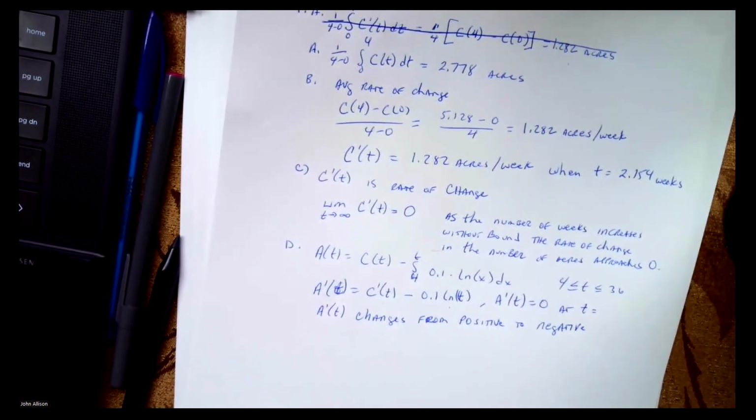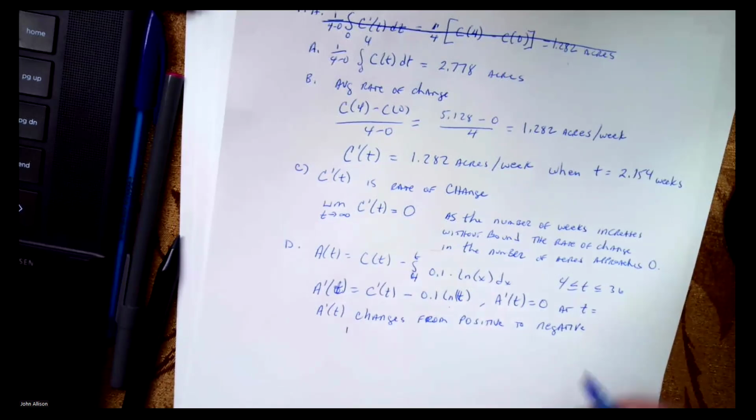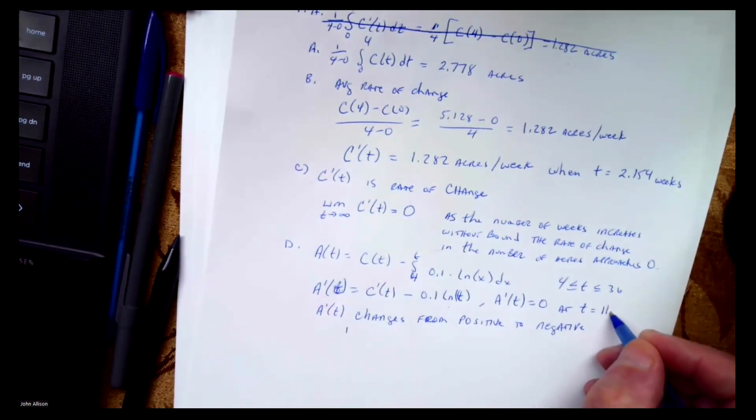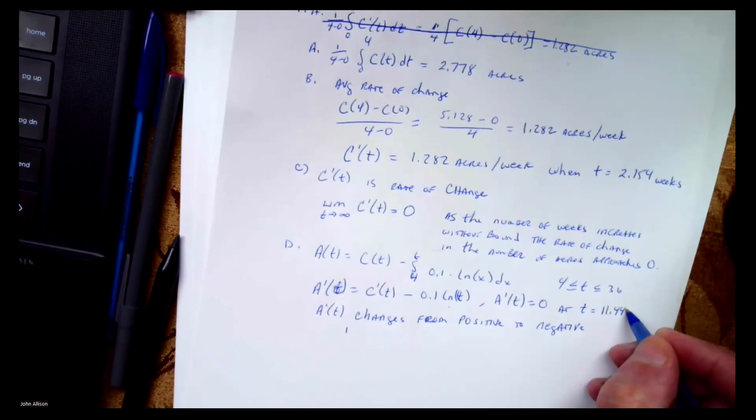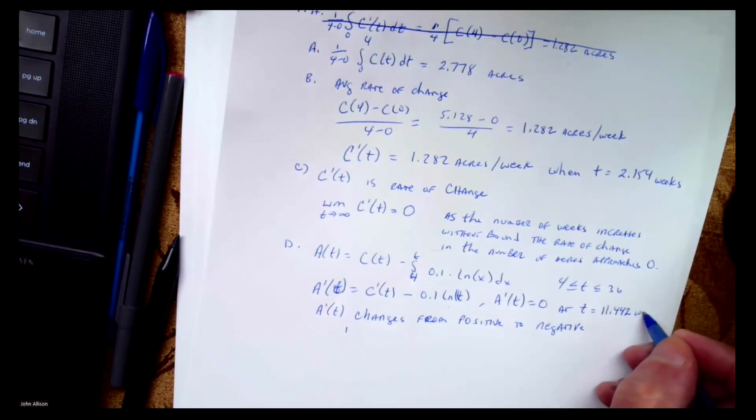I'm going to go ahead and find the 0, second trace, zero. Left bound, right bound, all that good stuff in the calculator. At 11.441 or 2. I'm going to go ahead and put 2 in round week.